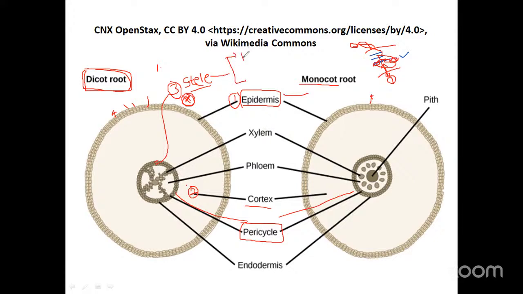One is the pericycle, that is completed. Second is the vascular bundle, which I will explain now. And the third one is the medulla or pith. So in the stele region, the pericycle is completed in both dicot and monocot.